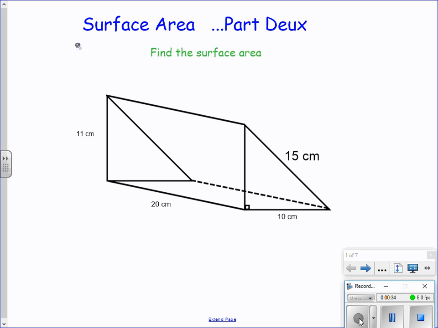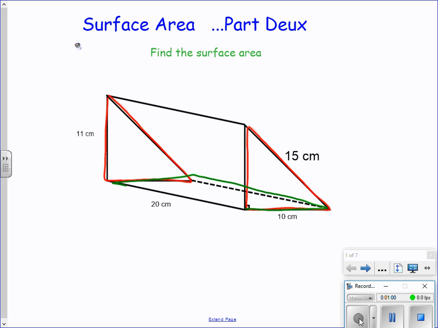We're trying to find the surface area, which is the area of each panel of a three-dimensional shape. If you're not 100% sure, this is a three-dimensional shape. It's made up of two triangles, in this case right triangles, those are these in red. And the other panels: the bottom is just a rectangle.